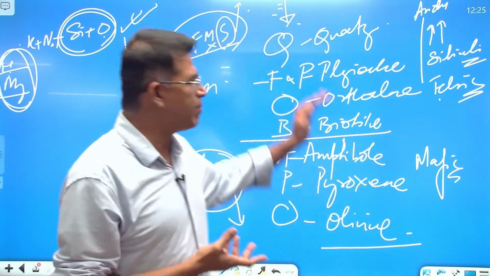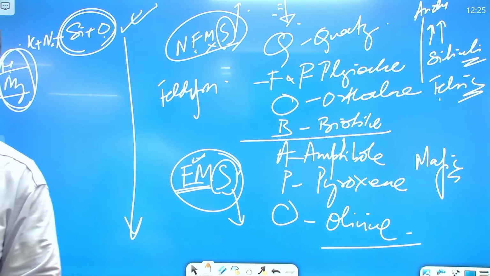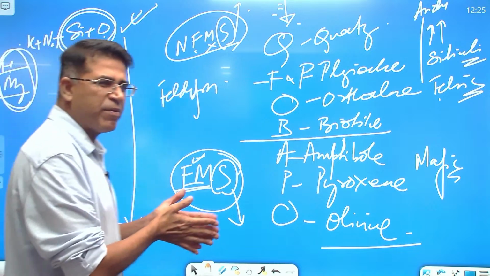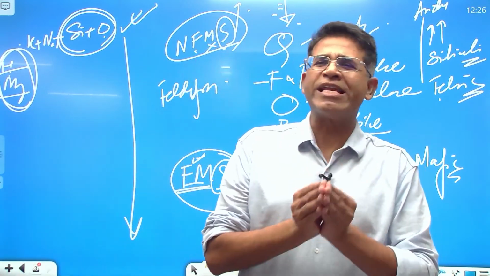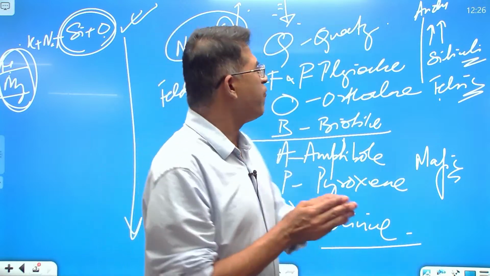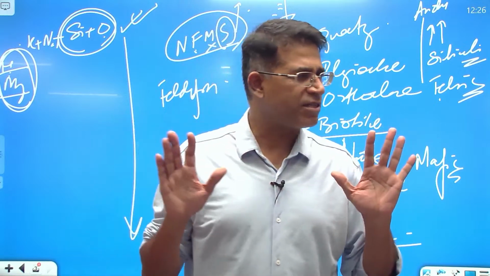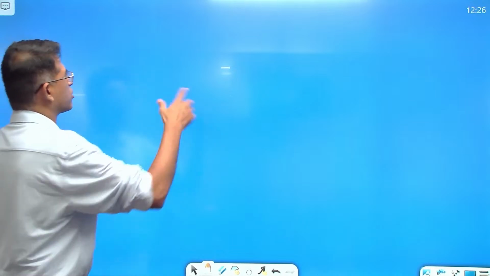No worries, just remember this for now. So we have silicate minerals, felsic minerals, and mafic minerals. Another name for mafic is ferromagnesium silicates. Another name for felsic is non-ferromagnesium silicates. Then I gave an idea about the rocks.